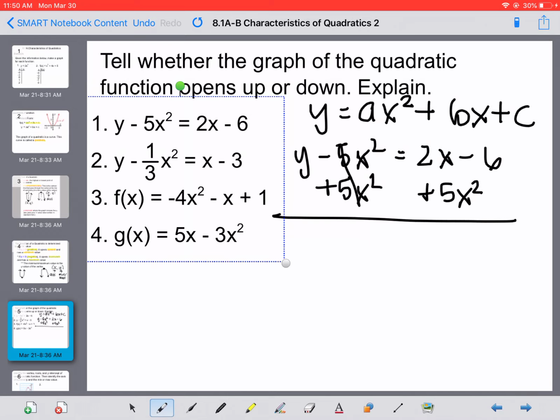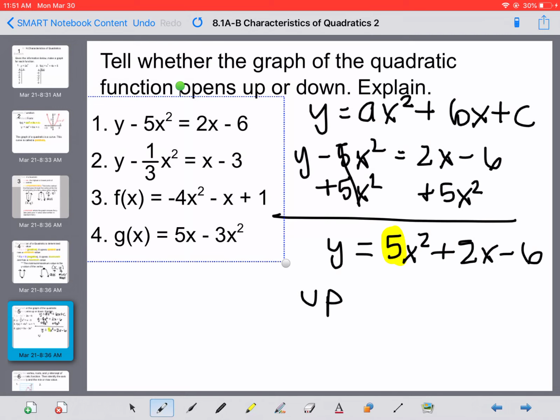When we rewrite that, we have y equals, and in standard form, it must always be in standard form, 5x squared plus 2x minus 6. Then we look at our a value, which is 5. Since 5 is positive, we are going to open up, so our graph will look like this, and we're going to have a minimum. So number 1 would be up and a minimum.